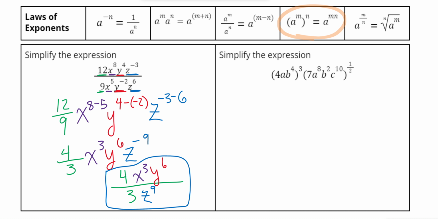That's like 8 divided by 2, so 8 times 1/2 is 4, so a to the 4th power. Then b was b to the 2nd power being taken to the 1/2 power, so 2 times 1/2, so this is just b to the power of 1, or just b. And then c to the 10th power, 10 times 1/2 is 5, so c to the 5th power.